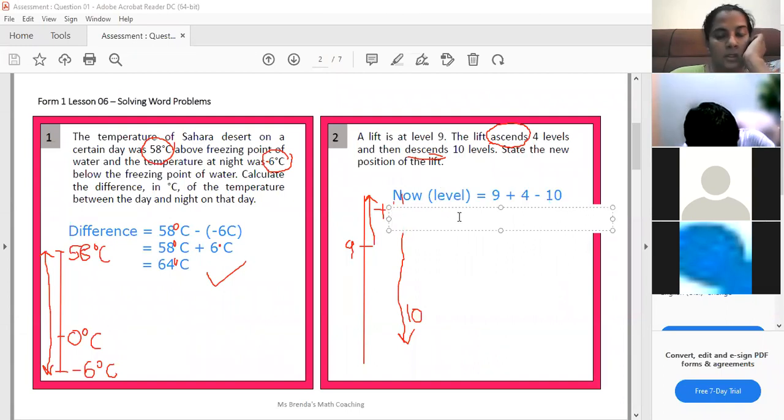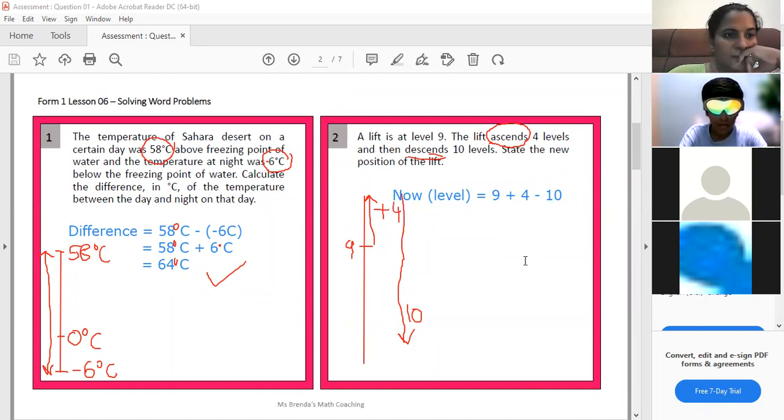All right. I get that. 9 plus 4 is 13. But after that, you went down 10 floors. So where are you now? Yes, that's right. 3rd level.